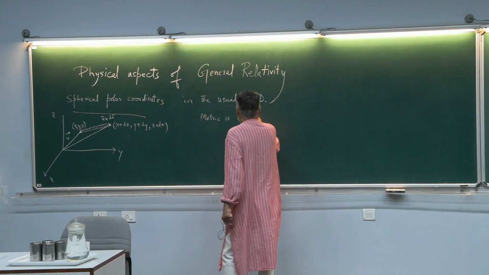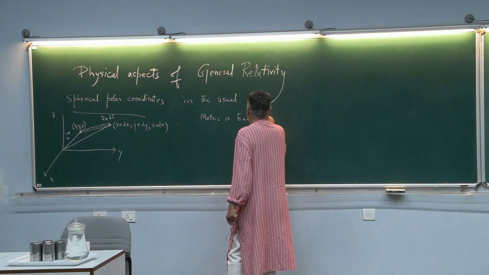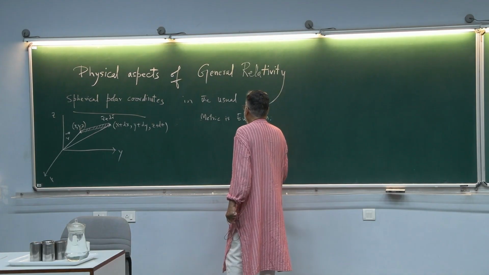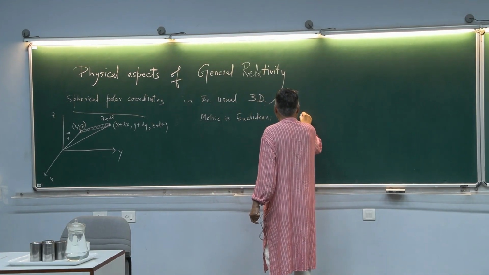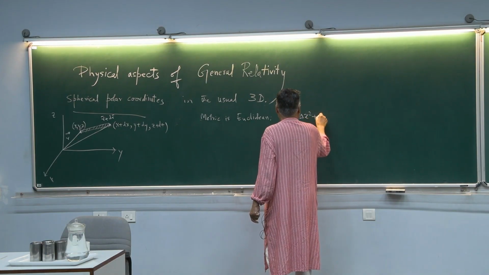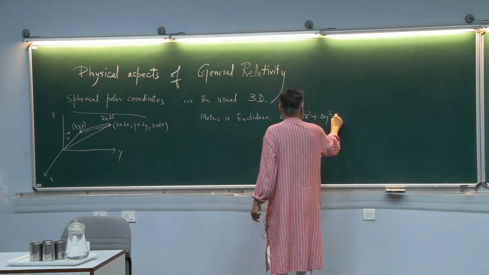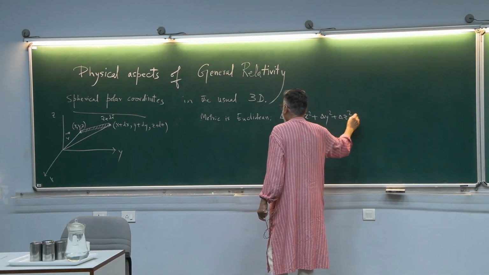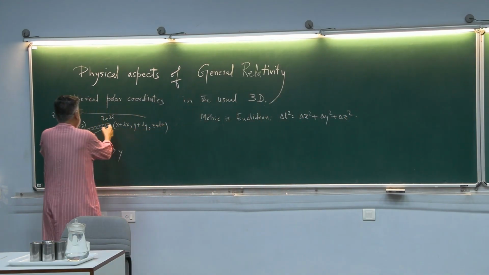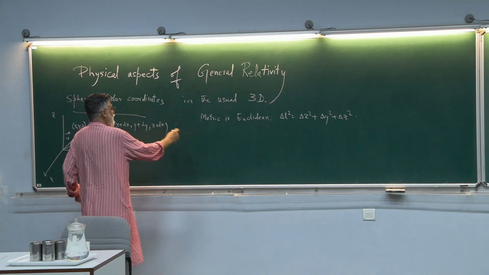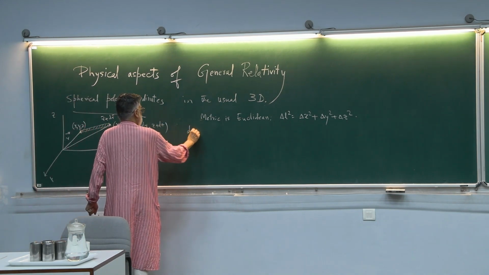That means Pythagoras theorem is valid. We know, therefore, delta L square, Pythagoras theorem tells us that it is delta x square plus delta y square plus delta z square.